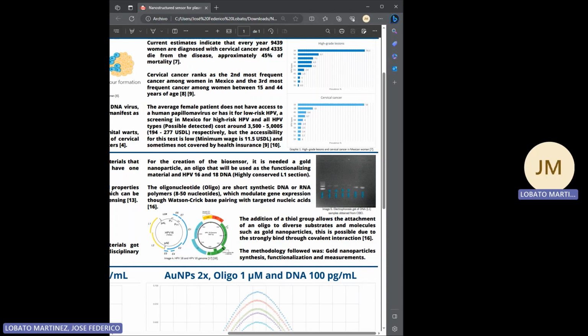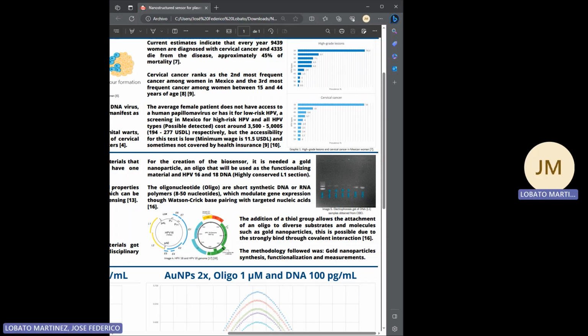We used 100 picograms per milliliter of DNA of HPV 16 and 18, which are the highly conserved L1 section. The other DNA, FCD9, is actually a gene that is in our bodies, in our genome, and it was used as a false positive.